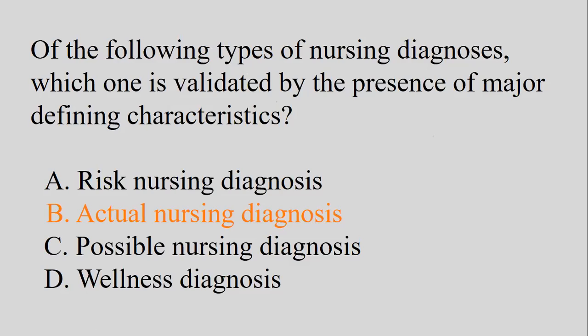Say a person who had a high white blood cell count and is on antibiotics, leaving you to believe that infection might get worse. If they're not showing the actual infection, just the possibility that it might get worse, you don't pick a potential problem over an actual problem. So if your patient has an actual problem, you're always going to side with that over a potential problem, because the actual problem is happening right now.